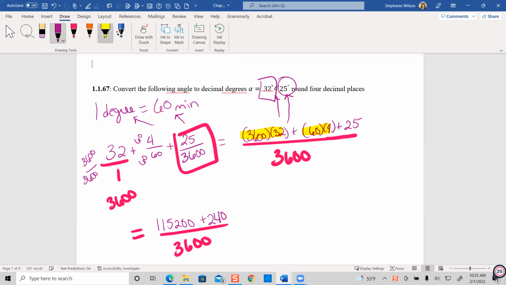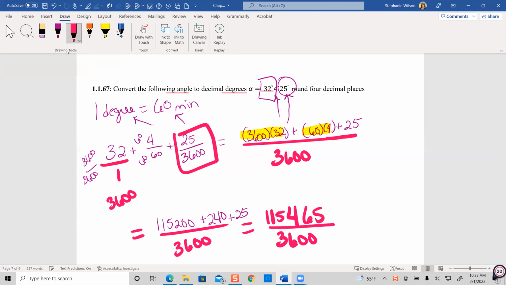And then we just bring down the 25. So once I add these all together on top, I get 115,465 divided by 3,600.